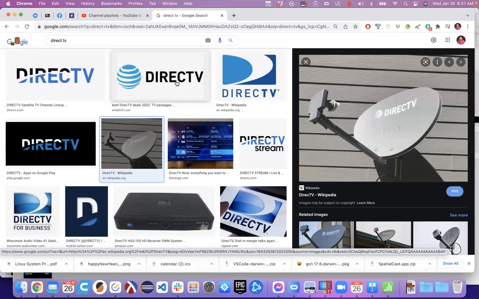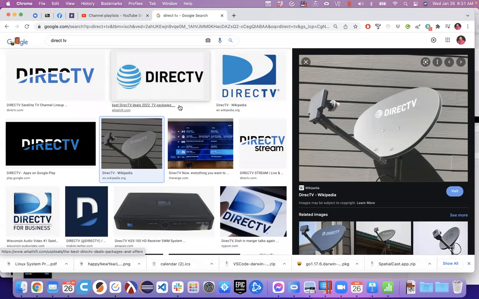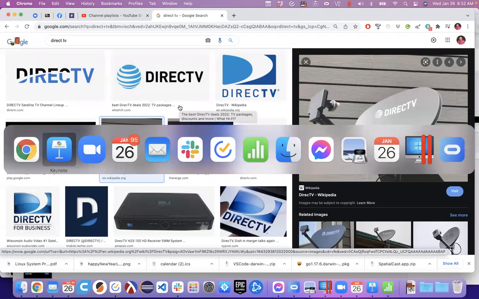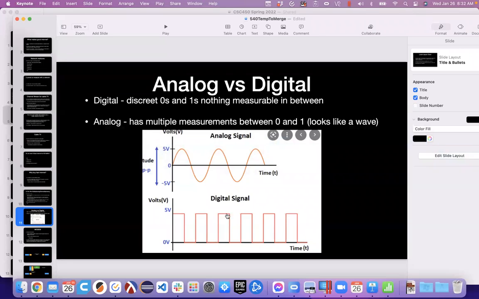So a lot of stuff can happen between those two places, and because of that, you might get a problem with your signal. But with DirecTV or any of the dish-based services, there is no such thing as a partial signal, like, oh, I'm watching my soccer game or my cricket match, and I can sort of see what's going on. That doesn't exist. It's either crystal clear or it's nothing, no signal, right? There's nothing in between. Why is that? It's because it's digital.